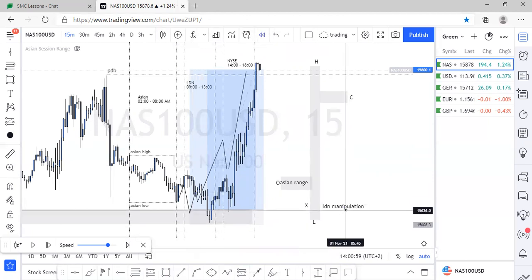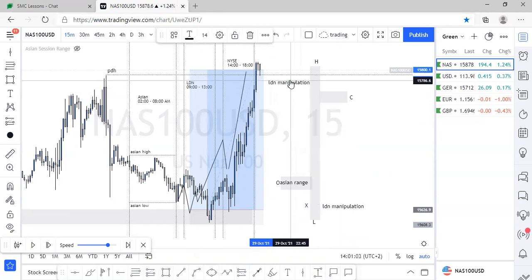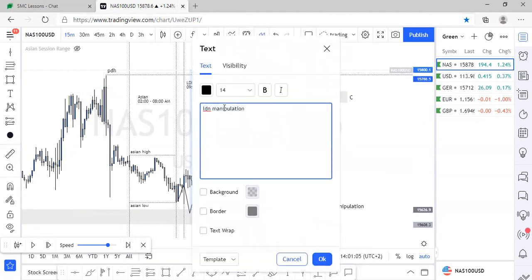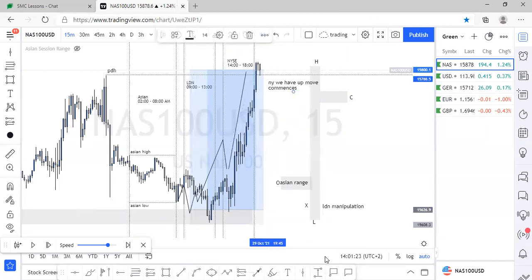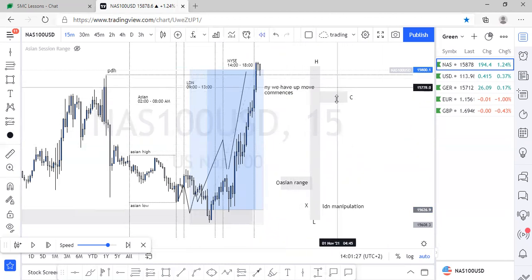Now by New York session, the up move commences. We're having the movement to the upside, and then we lose price.